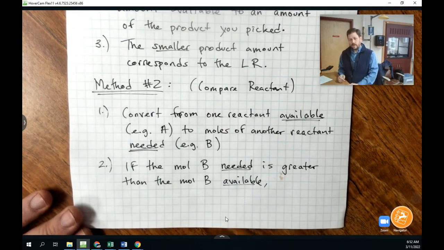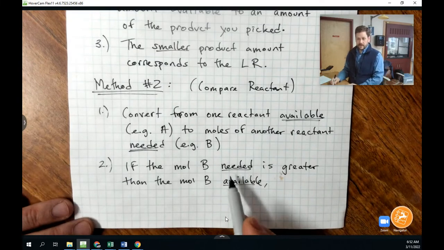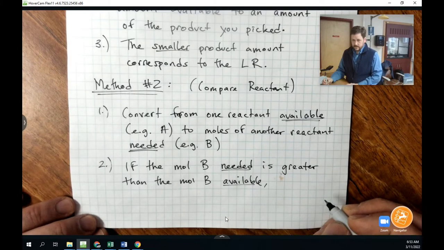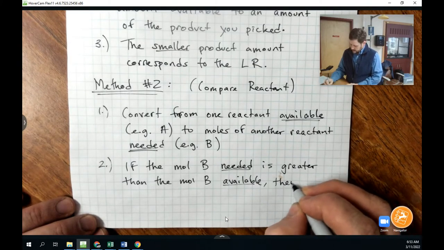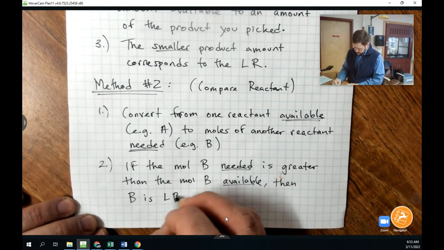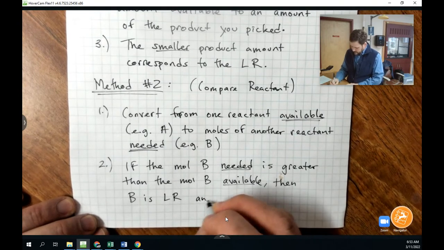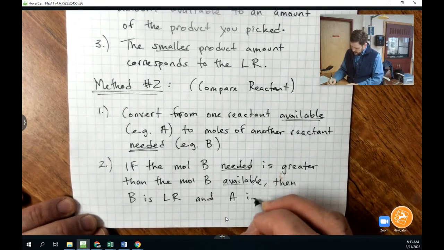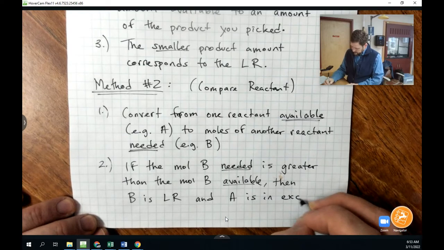If we have more of B needed than is available, then B is the limiting reactant. And that means that A is in excess.